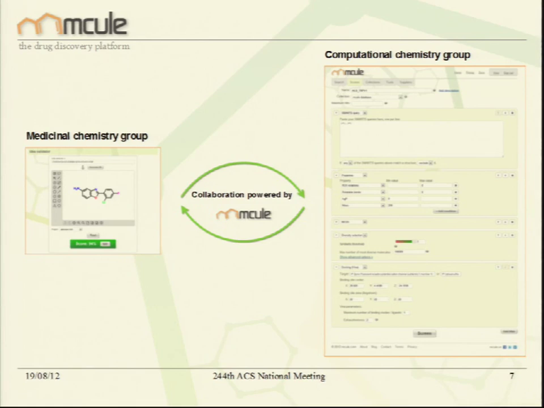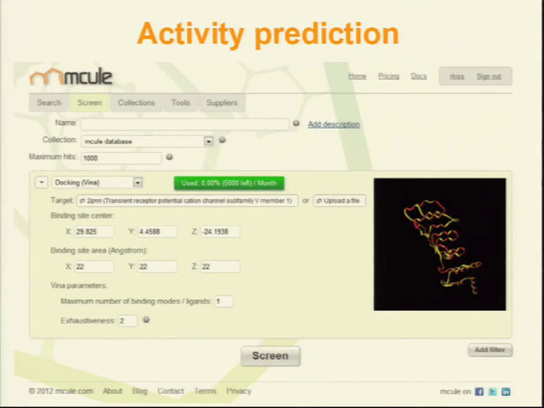This can involve property filters, as well as docking, for example. So these things can be put together, and the thresholds for giving a go or a no-go decision can of course be set together with lab chemists and everybody who has to participate in this decision. So that's the basic idea.